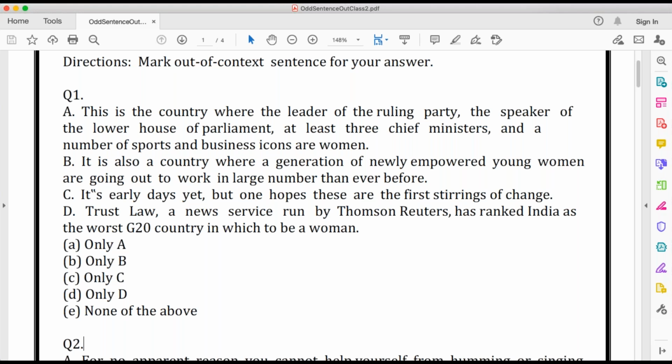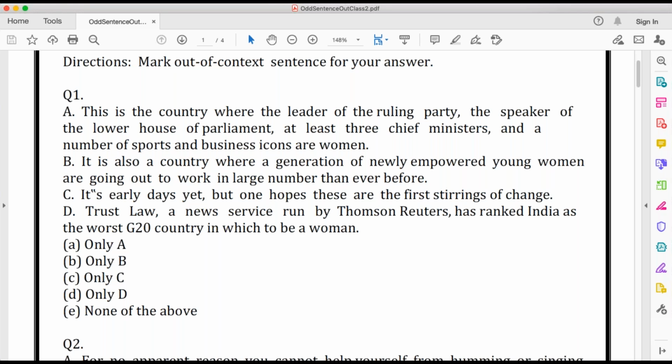Vanshika, this type does not come in TESTNET. It's not about difficulty level. This difficulty level will not come in TESTNET at all. TESTNET is a very easy exam. This type will not come in TESTNET.